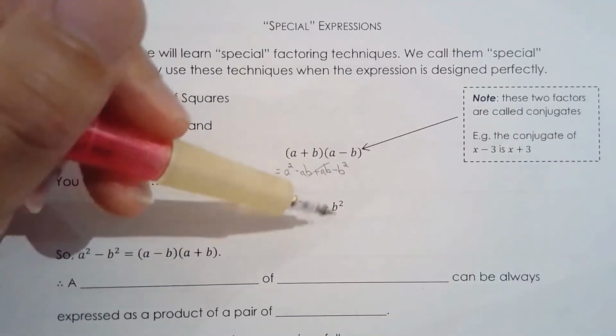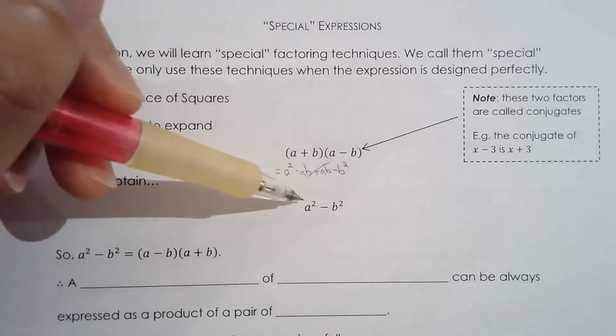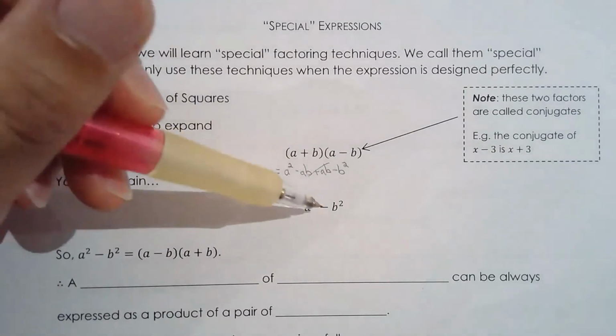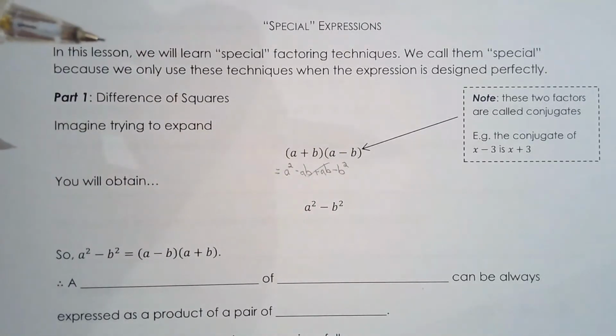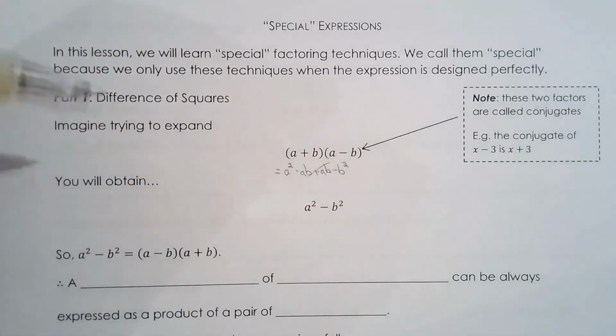So let's first explain to ourselves, why is it called a difference of squares? Well, look at the 2 terms, a squared and b squared. They are perfect squares. And what's the operation between the 2? It's a subtraction. So it makes sense to call this expression a difference of squares.